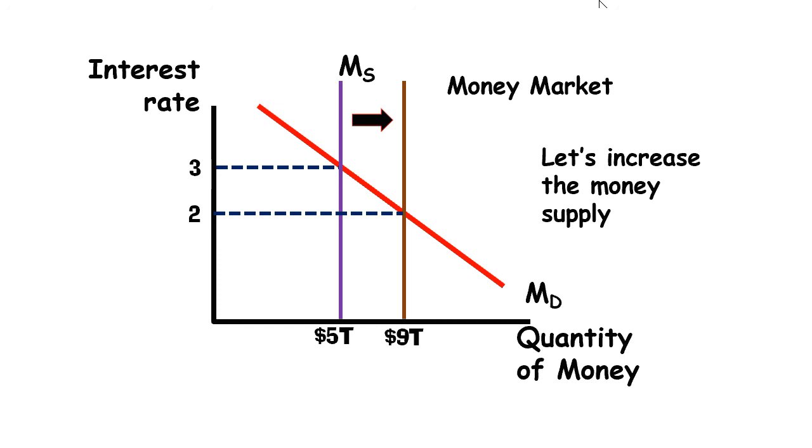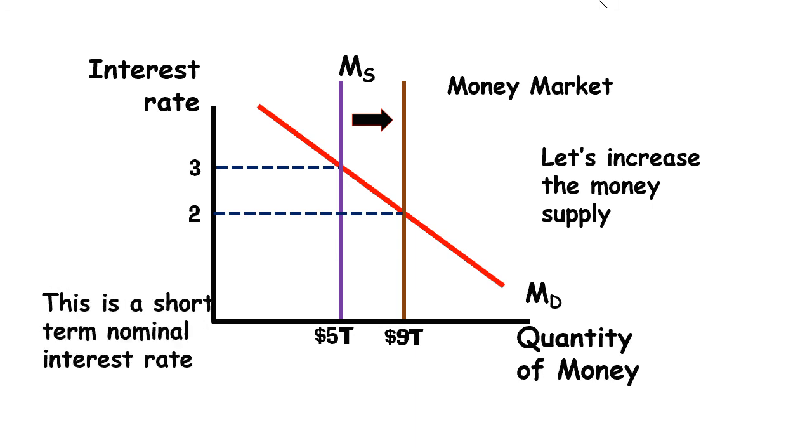If the Fed puts more money in the system, banks have to do something to get people to take that money, and what they have to do is lower the price. Remember that the interest rate is the price of money. So when there's more money out there and we want to get people to take that money, we've got to offer it to them at a lower price. We have to have a sale on money, and interest rates are going to go down. Banks are going to have to lower the interest rate.